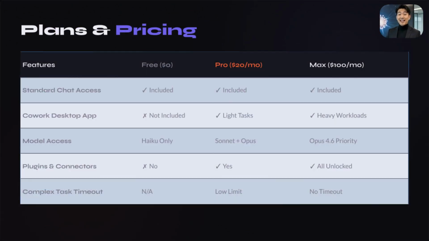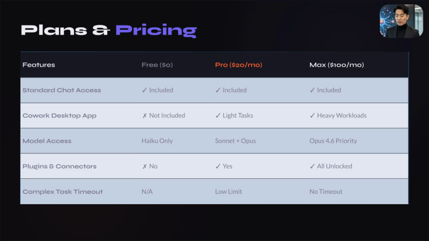To run Cowork, you need the right subscription. If you're using the free plan, you only have access to chat. No Cowork, no plugins. For individuals doing light desktop tasks, the Pro plan at $20 a month gets you in the door. However, autonomous Cowork tasks consume usage limits very quickly.